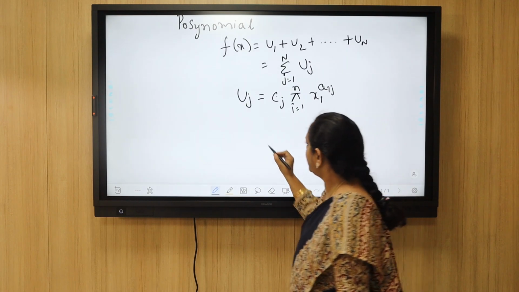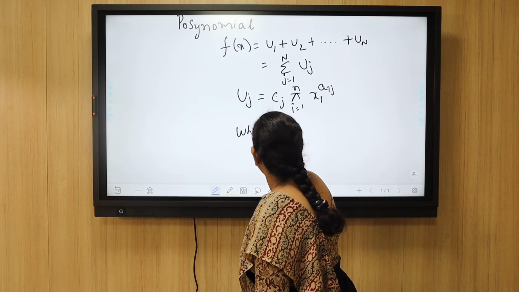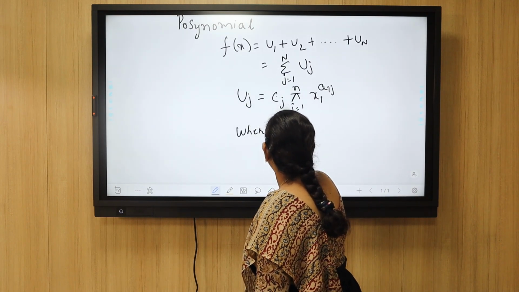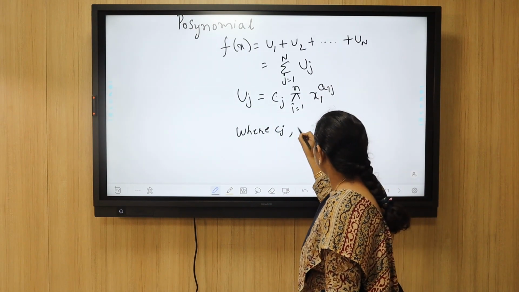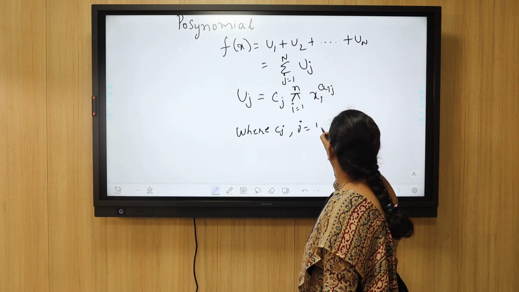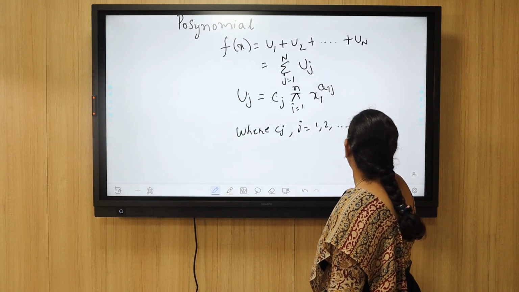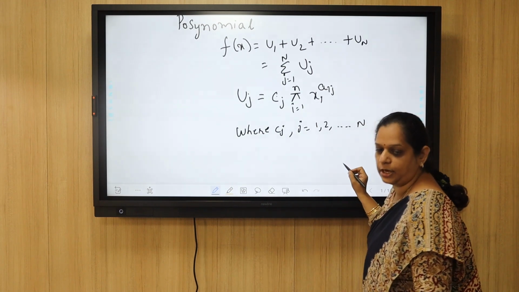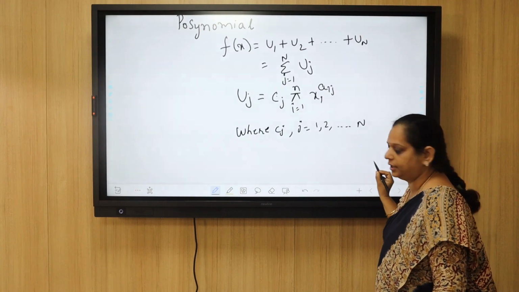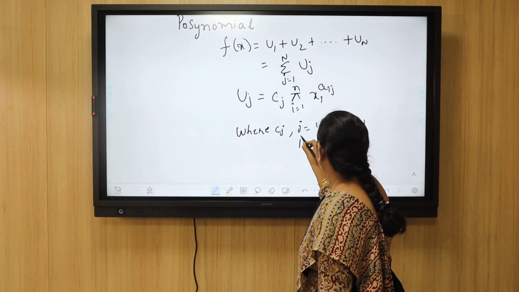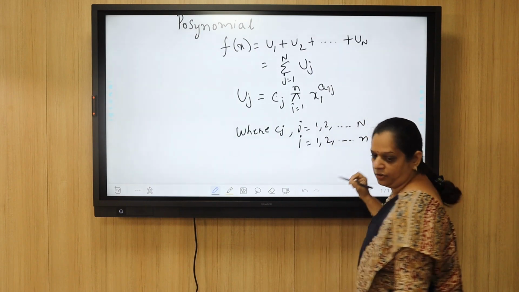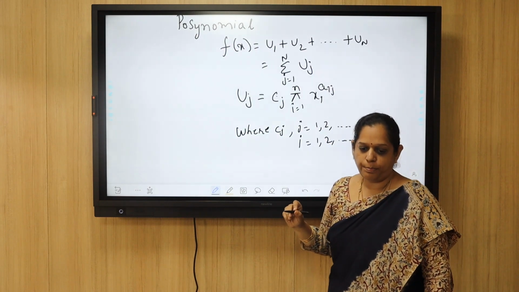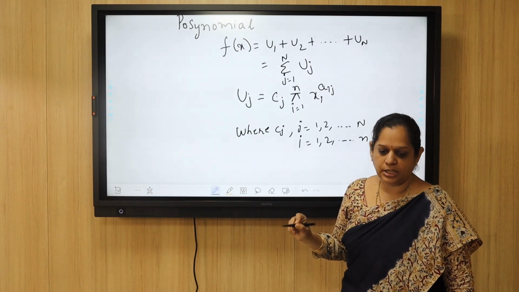where cj, for j equal to 1 to n, is called a positive constant coefficient, and xi, for i equal to 1 to n, are called positive design variables.